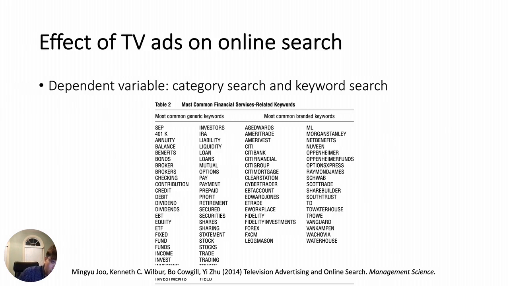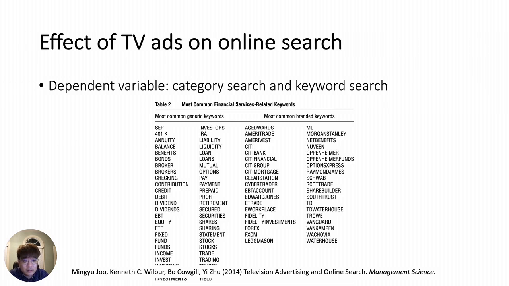There are two dependent variables used in the analysis. One is the number of category searches, and the other is the relative share of brand keyword searches. Here, category searches indicate all queries related to financial services. Those searches can be divided into two groups: generic keyword searches and brand keyword searches.